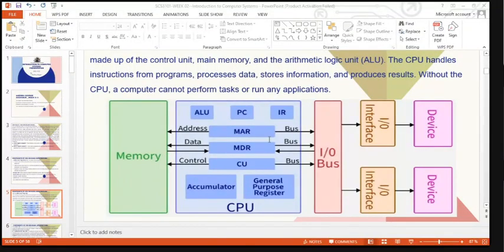When we talk about the PC, this is the program counter. The IR is the instruction register. How are you able to store your instructions? How are you able to register your data and instructions? The MAR is the memory address register: how are you able to access the location of your stored data or instructions?